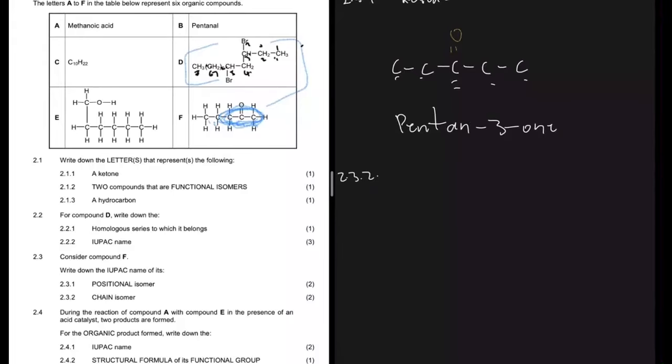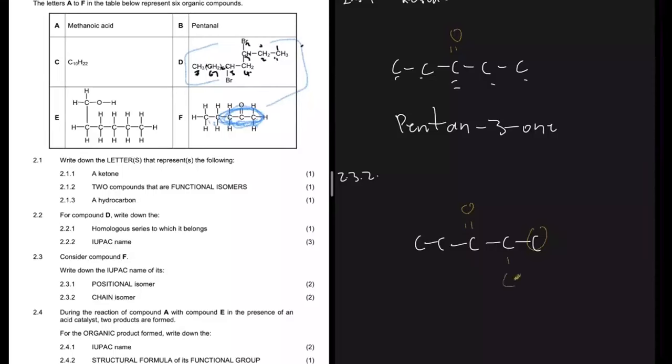2.3.2 says a chain isomer of compound F. So still the same molecular formula, but a different structural formula. Again, let's go back to the basics. We have 1, 2, 3, 4, 5, and the oxygen double bond should be sandwiched between 2 carbons. So let's say it's still here. If you take this carbon and put it here, that's virtually impossible because the carbon can only support 4 bonds.